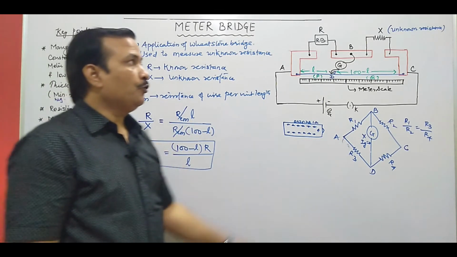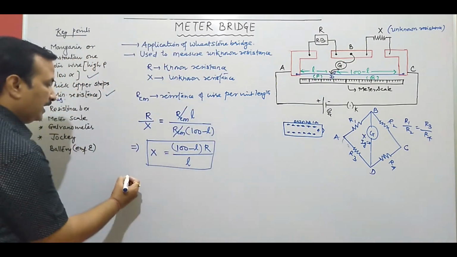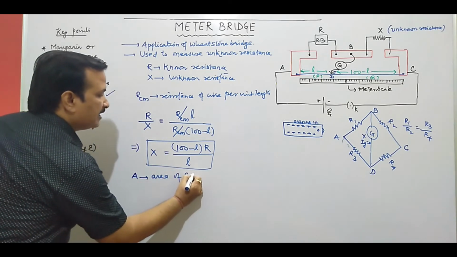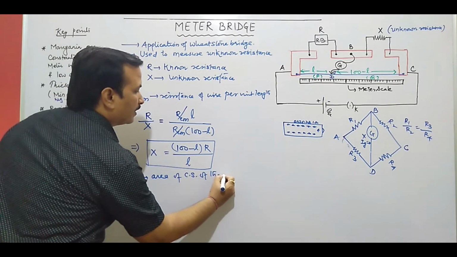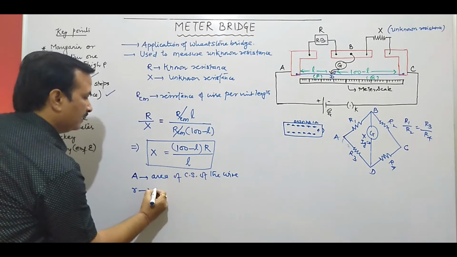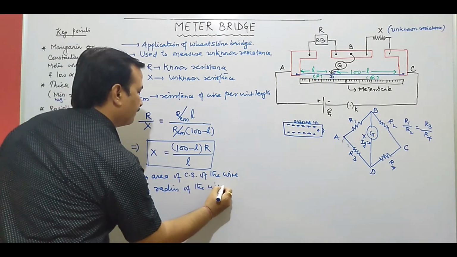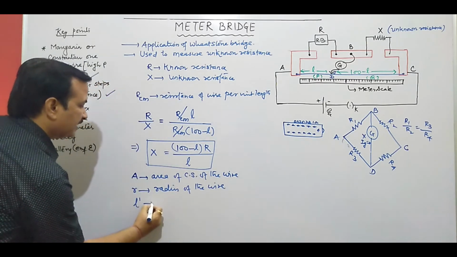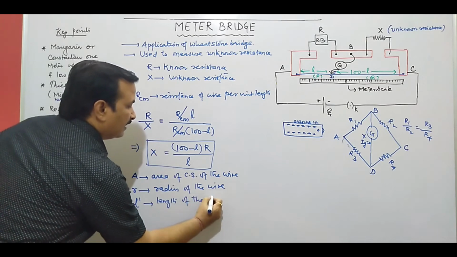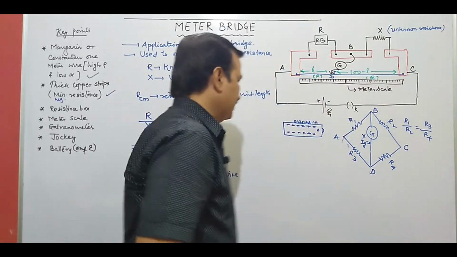Also we can find out the resistivity of the wire. How? If we take A be the area of cross section of the wire, R is radius of the wire, and L dash length of the wire. This L dash is length of this wire whose resistance is to be calculated.